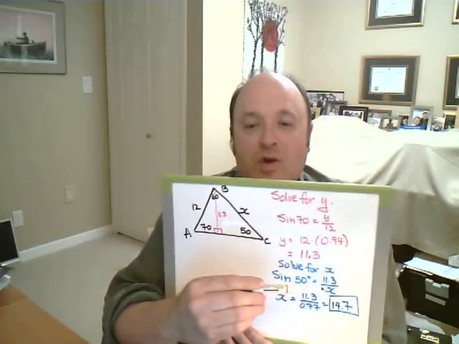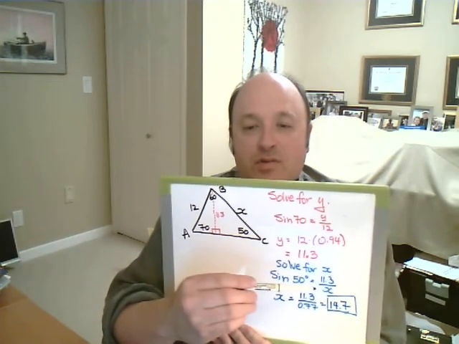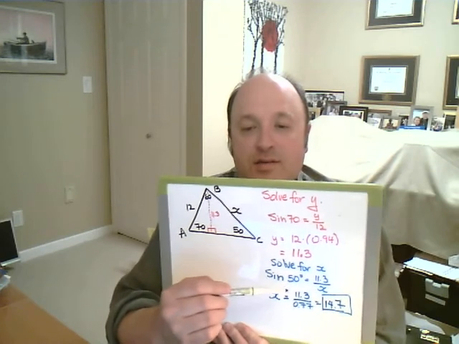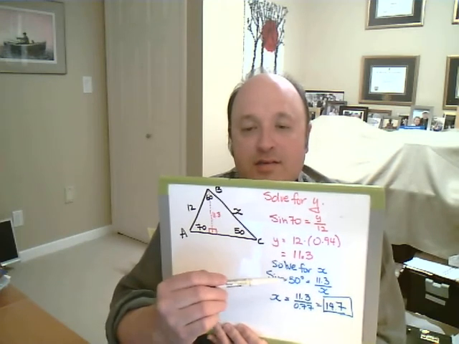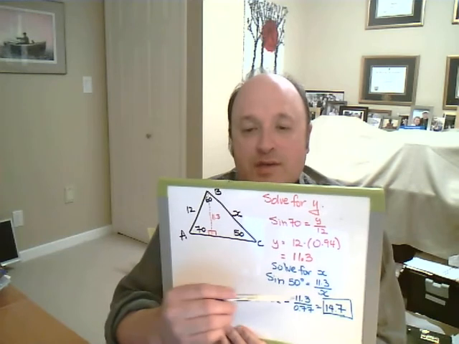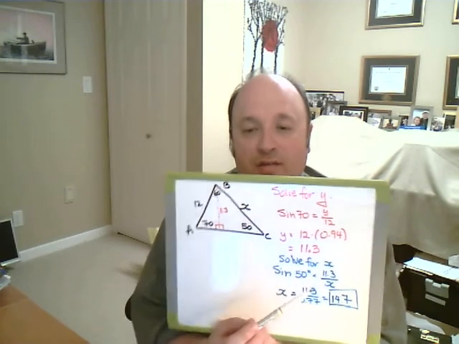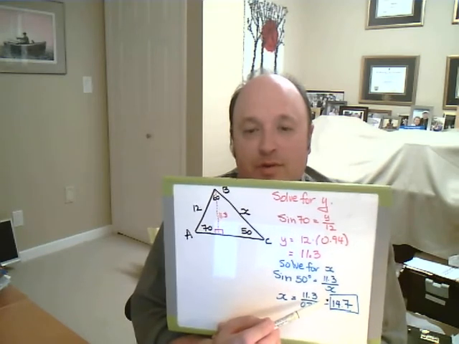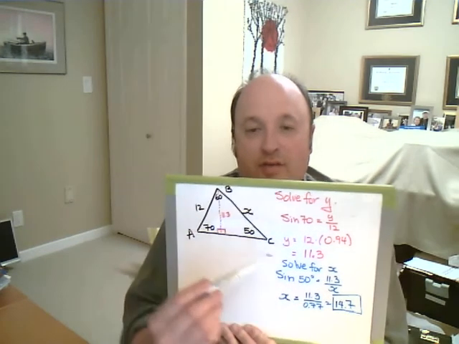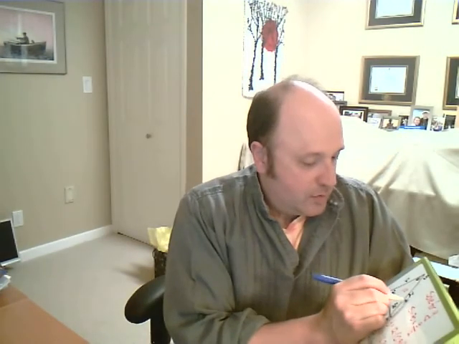So we have to do the little swappy dance there. X and the sine 50 change places. So x is equal to 11.3 divided by sine 50. Sine 50 is 0.77. And so you calculate that out, you get 14.7. So that's our value for x, right? Boom, up there. 14.7.